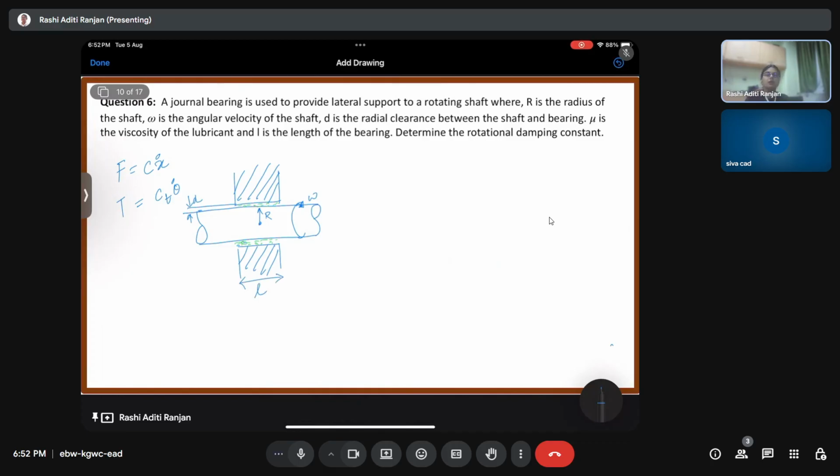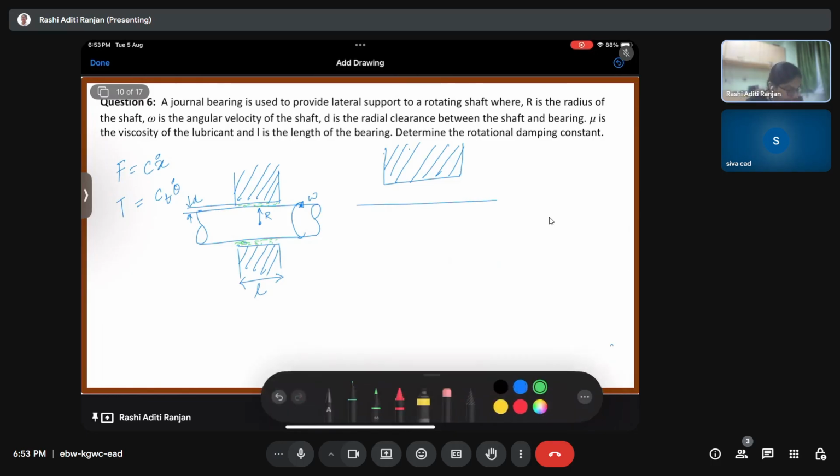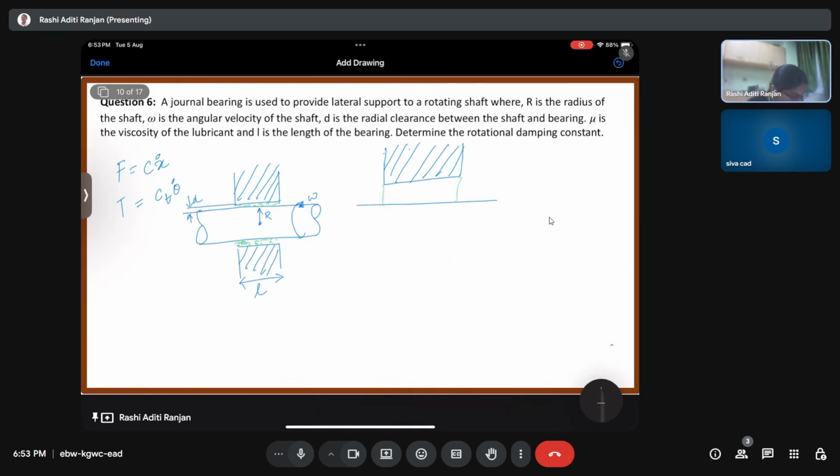So the first thing is, how is the velocity distribution? If I have this, this is my bearing and this is the shaft. This is some exaggerated view. And here we have fluid filled. Now imagine how it is going to be with the velocity.